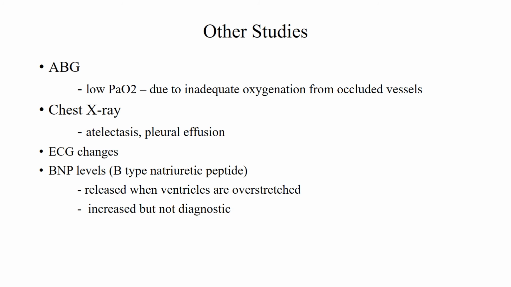There can be some EKG changes. BNP is tested also, and we remember that BNP is released when the ventricles are overstretched. The BNP is increased in pulmonary embolism, but it's not diagnostic of pulmonary embolism. It's just increased due to the stretching of ventricles.